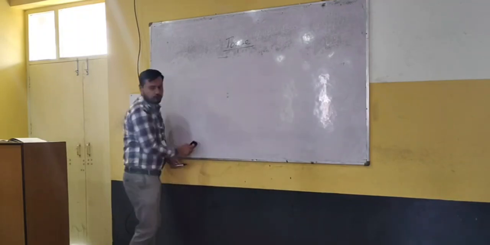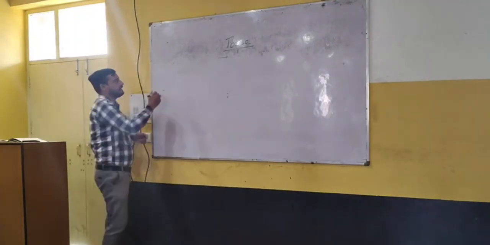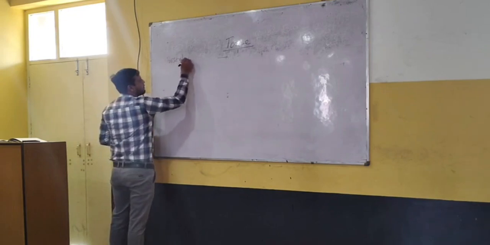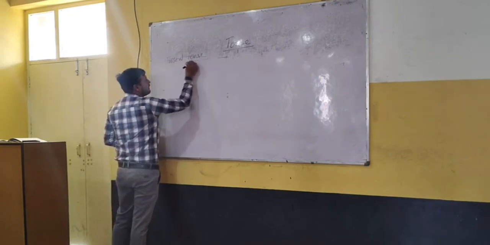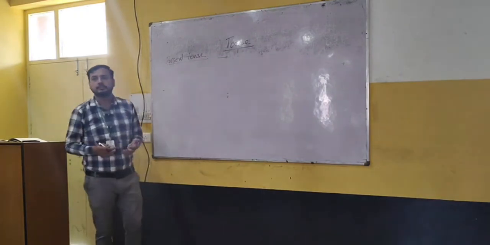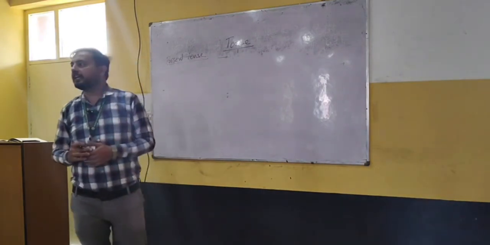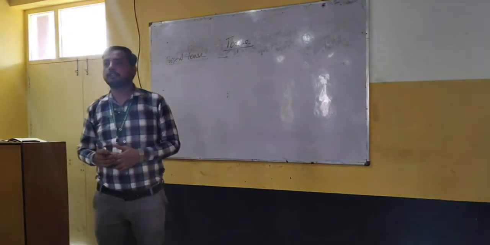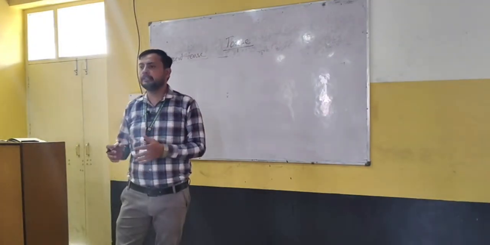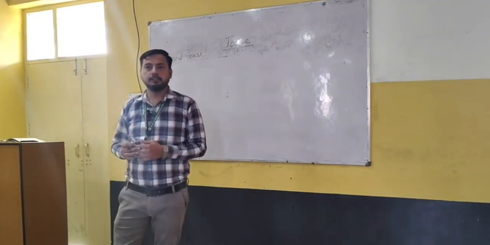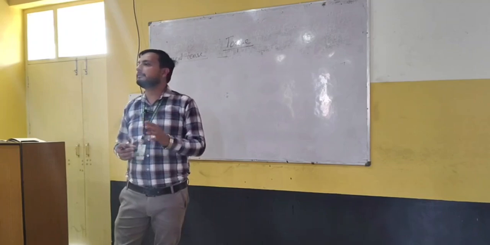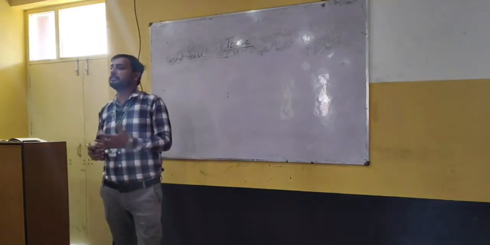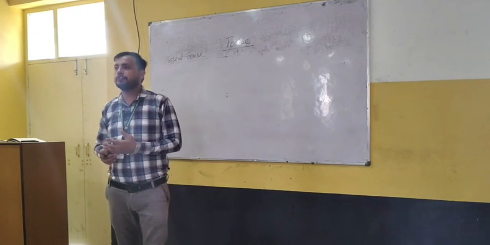So first of all, we are going to discuss the present tense. What is present tense? It tells us about the action or event which happens in a moment, in the present, in which you are present here. Clear? So that is called the simple present tense. In simple present tense, we can also mention facts and universal truth.